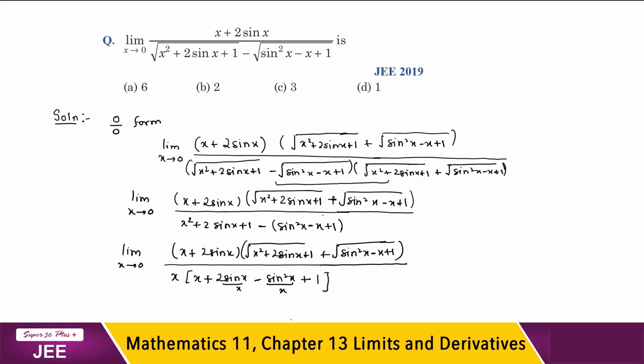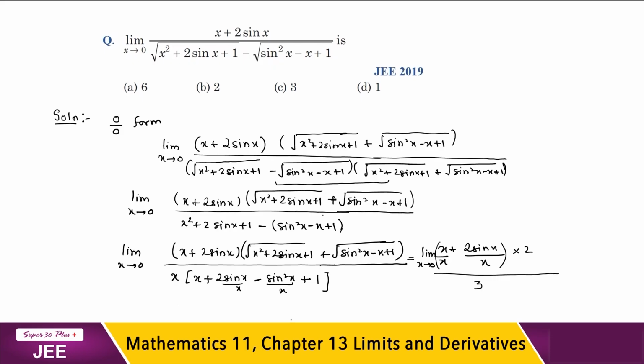Alright students, so we can say that when x approaches to 0, we will have x plus 2 sin x divided by x in both the quantities, and over here the limiting value comes out to be 1 and over here the limiting value comes out to be again 1. So 1 plus 1 equals to 2 divided by 3.